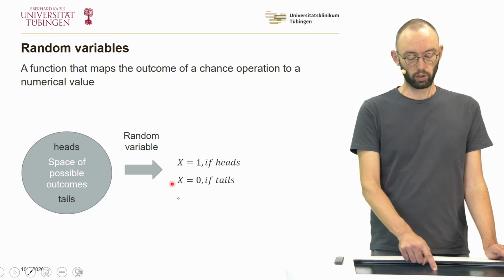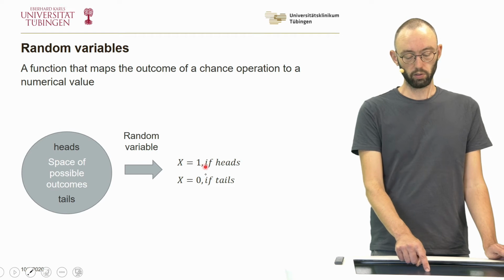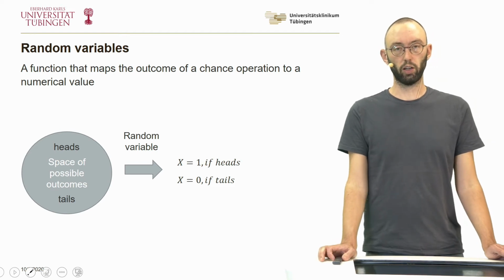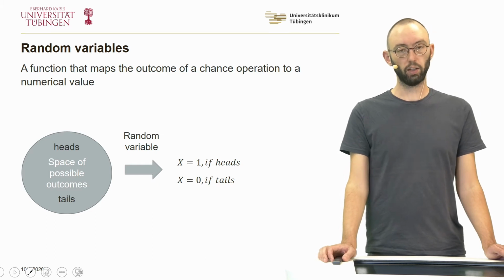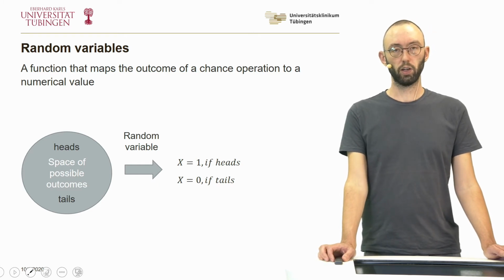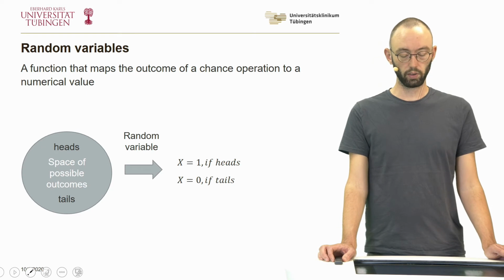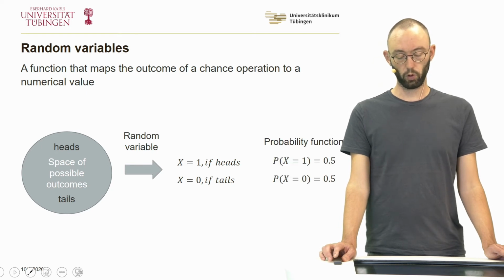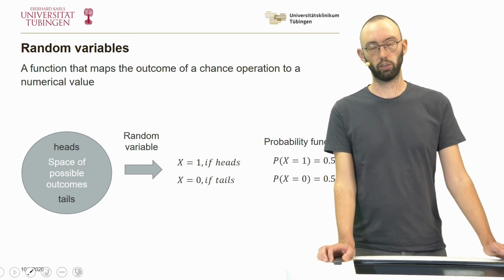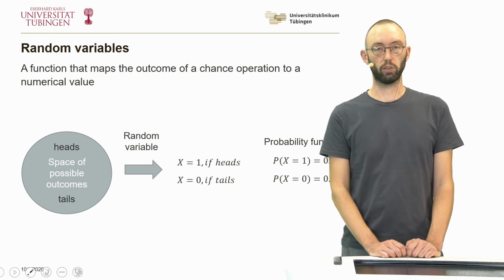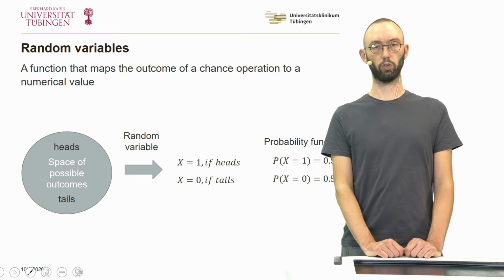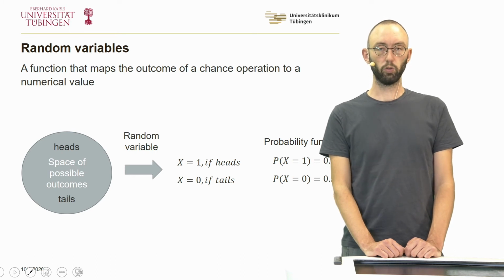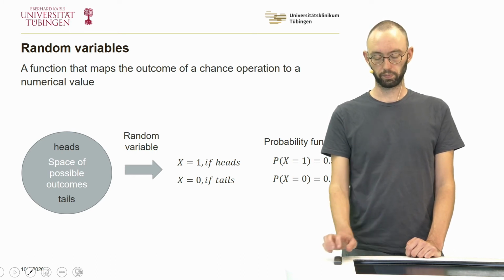So the random variable x takes a value of 1 if the outcome of our chance operation, tossing a coin, is heads, and it takes a value of 0 if the outcome is tails. We then further have a probability function that assigns a probability to any of these outcomes. In the case of a coin toss of a fair coin, this will be 0.5 in both cases.